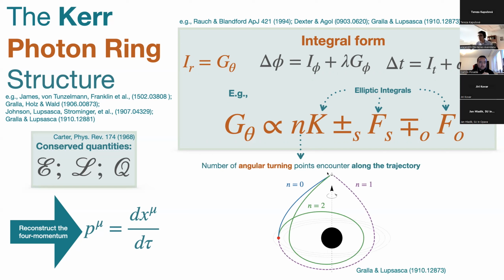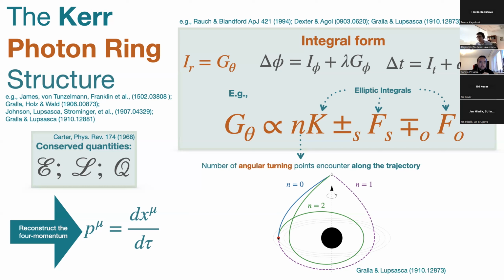If I have a black hole and I'm observing it here at the pole, and I have emission in the equatorial plane, I'll have something that I'll call in this talk the direct image. Those are lens rays. But also from the same point, there will be a trajectory that started at the equatorial plane, goes back, crosses again, that's the extra half turn, and then goes to the observer.